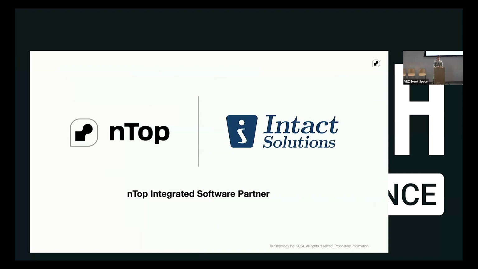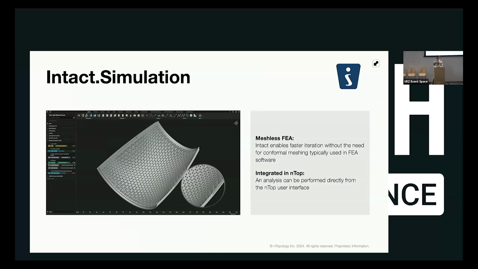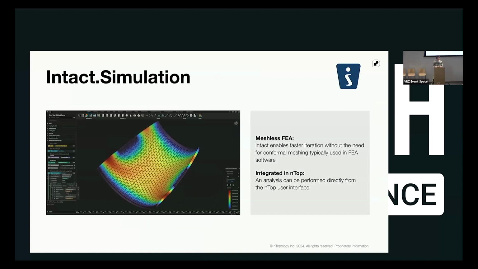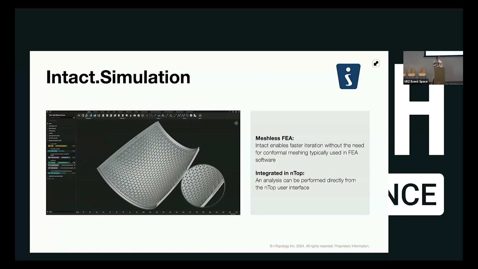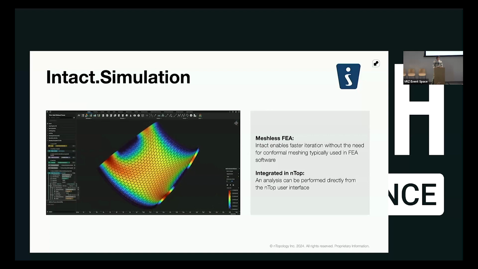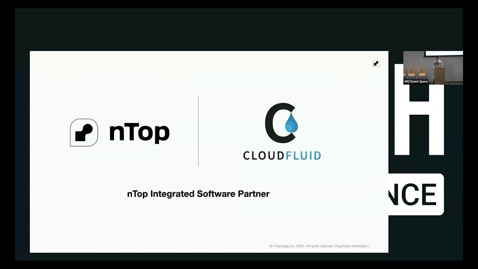Here's a really good example of how we're working with Intact Solutions. It's talking about integrated simulation, and if you're talking about implicits, which are a new type of geometry, you really need a new type of simulation. We can mesh and we can always send to an FEA, but the value of nTop is getting feedback on the fly about your design. So we're working with Intact to do real-time simulation results without having to mesh, without having to work with discrete geometry.